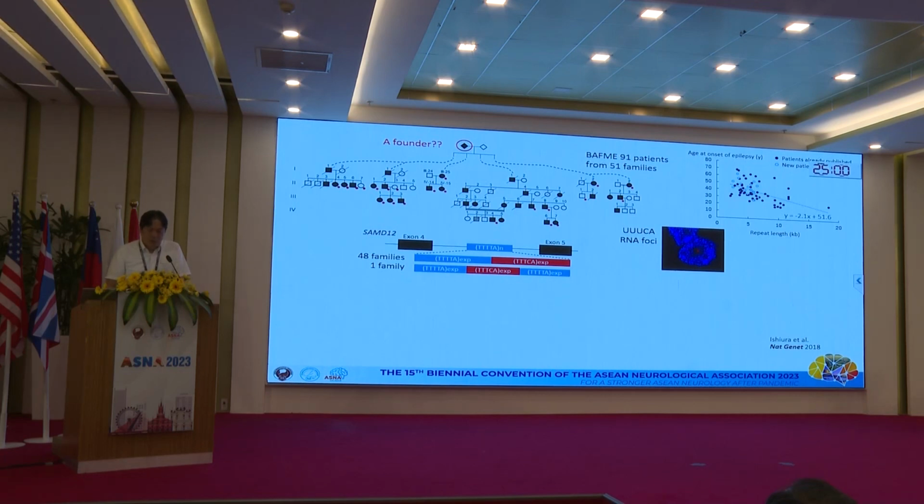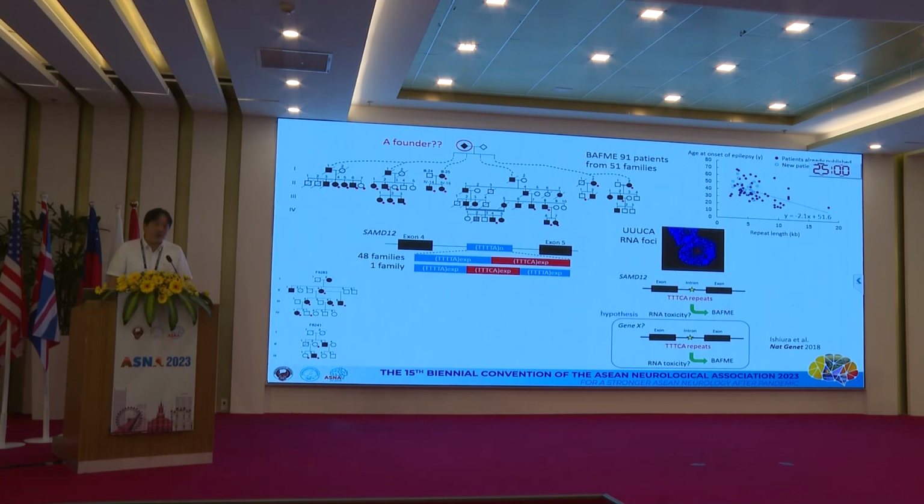That's great, but there are two remaining families. In these families, there is no repeat expansion in SAMD12. So we hypothesized that if TTTCA repeats in an intron of SAMD12 cause Bachman through RNA toxicity, the same TTTCA repeat in other genes can also cause Bachman through similar mechanisms.